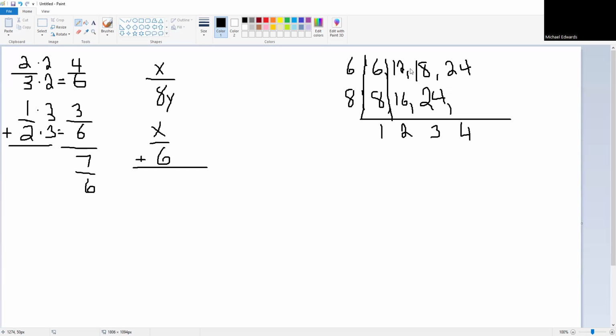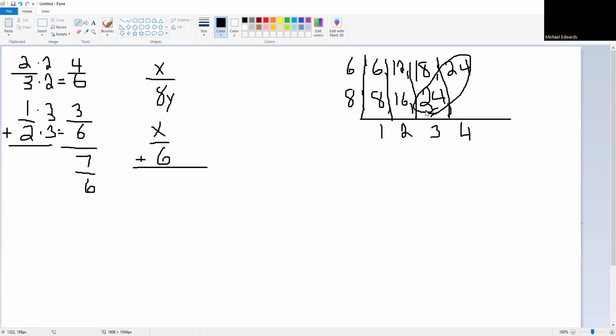You could even do it this way if you need to have it separated. Well, not so messy, but you get the idea. But we found two numbers that match, so that's 24. So the LCD is 24 for these guys.